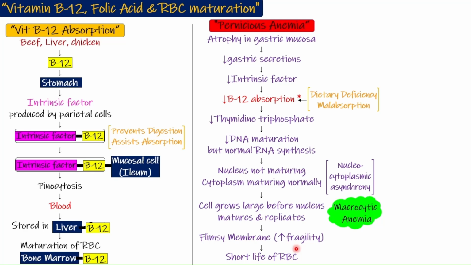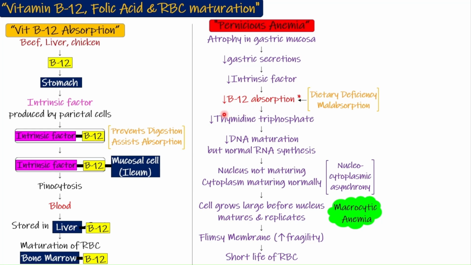Okay, so this is pernicious anemia. To be specific, any vitamin B12 deficiency is not pernicious anemia. Pernicious anemia is basically the vitamin B12 deficiency because of the intrinsic factor deficiency, and that is because of the atrophy of the gastric mucosa.